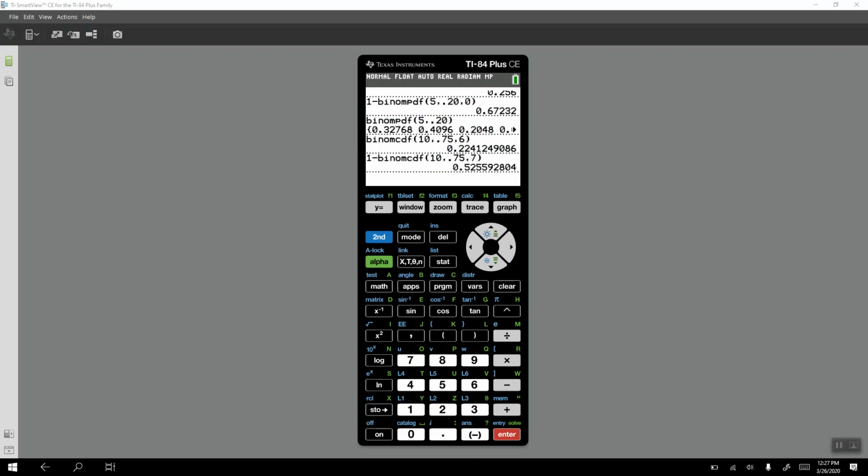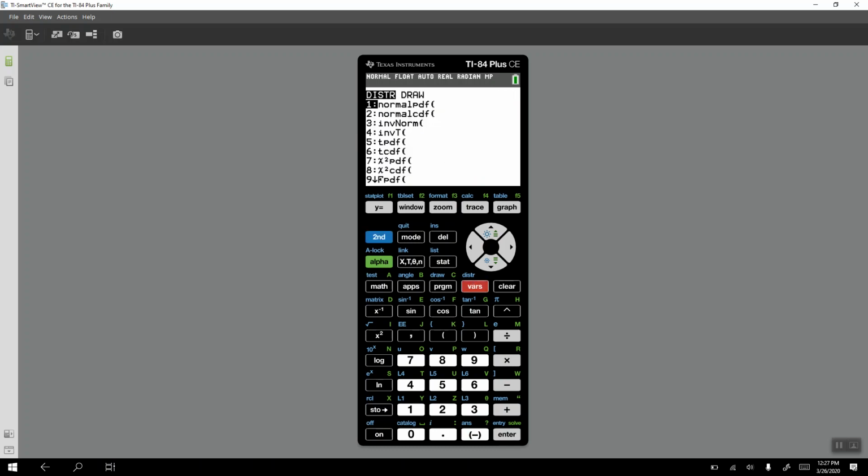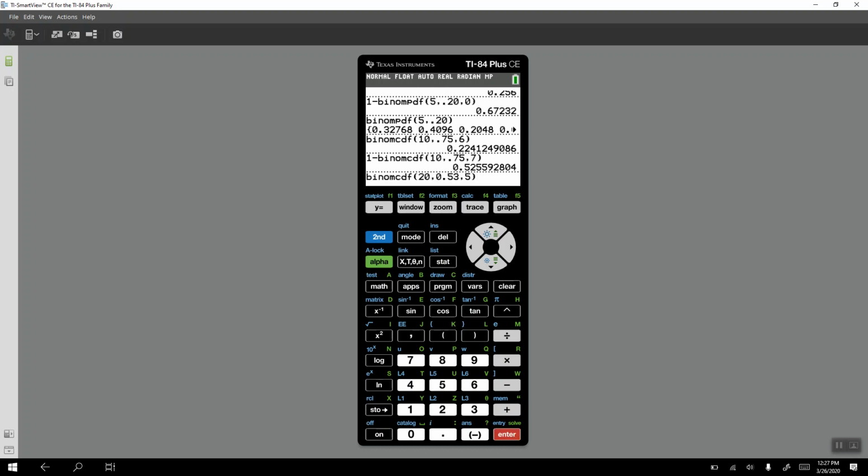Here we are, binomial CDF. This time we had 20 trials. Our probability of success was 0.53. The x value that we initially want is 5, because again, we want less than 6. Hit enter, and there we have it. There's our probability, 0.0105.